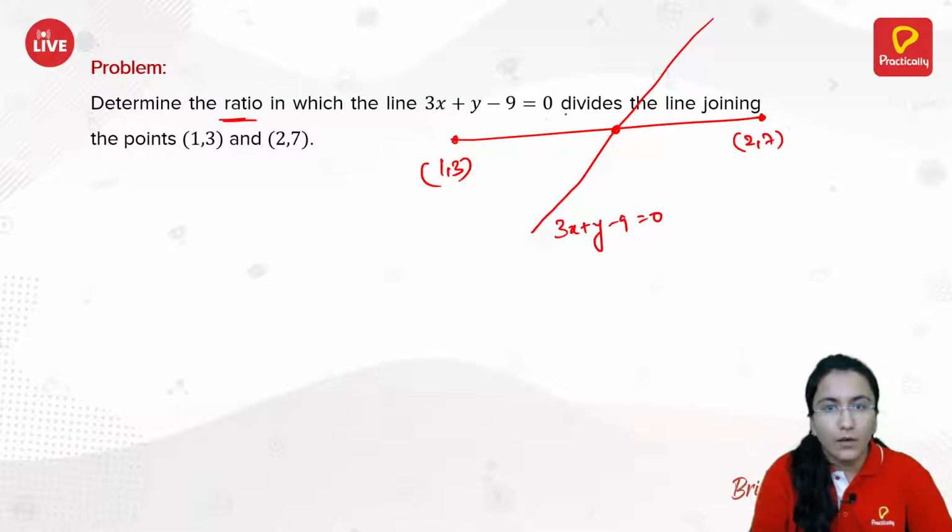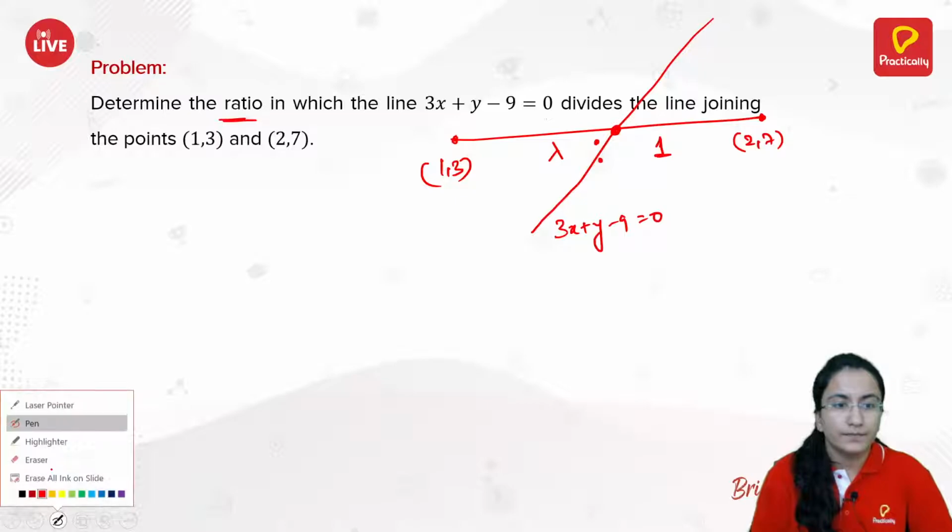So you will assume that the ratio is lambda is to 1, right? Now just see what the coordinates of this point will be. Let's just calculate the coordinates.